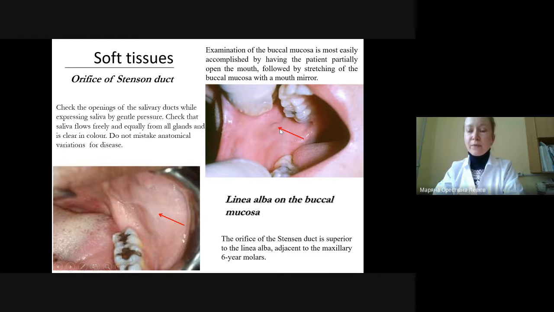It is duct of the parotid salivary gland, and linea alba. Do not misdiagnose these anatomical structures with frictional hyperkeratosis due to habitual biting of the buccal mucosa or due to some leukoplakia areas.